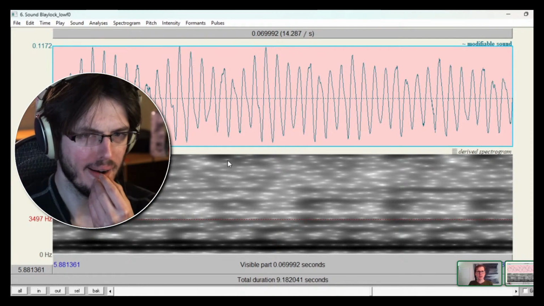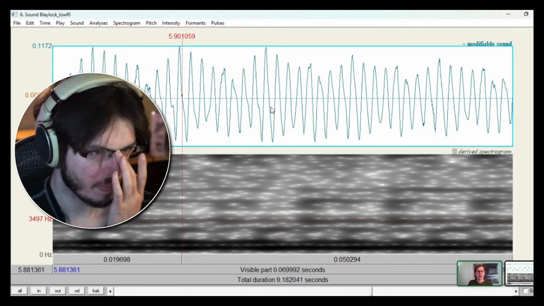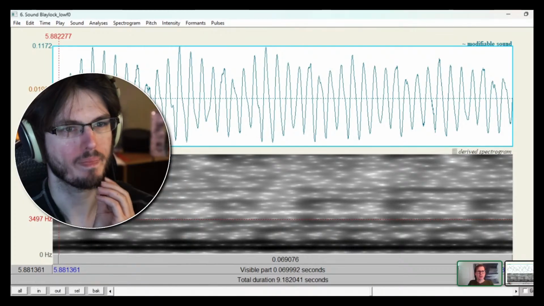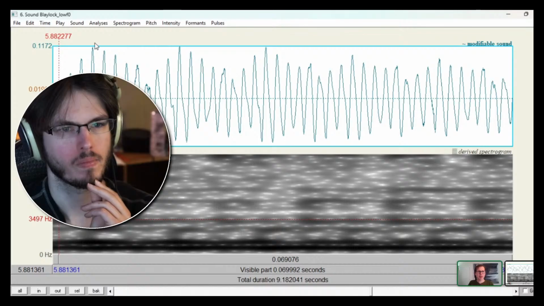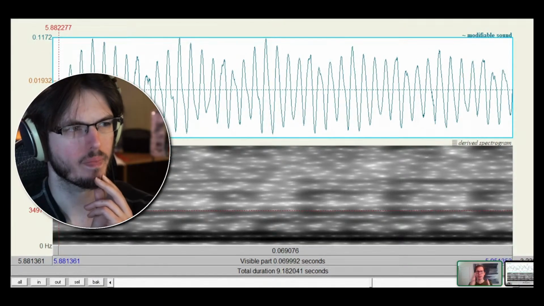But what you can see in the waveform, we're going to talk about what happens at the bottom later on, is all these up and down oscillations of the air particles at the microphone membrane, representing the fluctuations in the air of the sound caused by my voice.